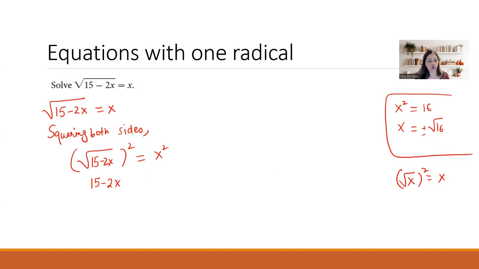So 15 minus 2x will now be free from the radical. So this is the process of making that algebraic expression free from the radical. You just do the square. That also introduces a square on the other side. So whatever is on the right-hand side, be it a number, a variable, or an expression containing a combination of number and variable, you have to introduce the square.